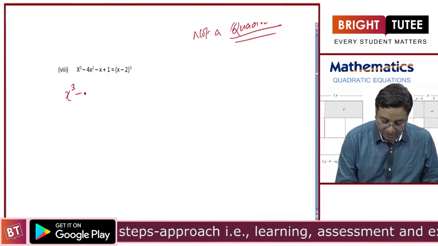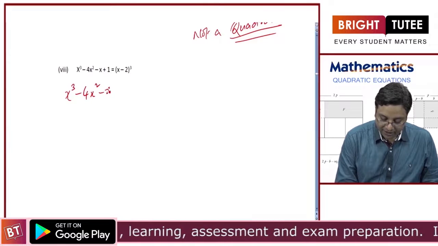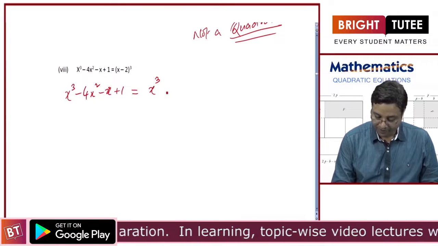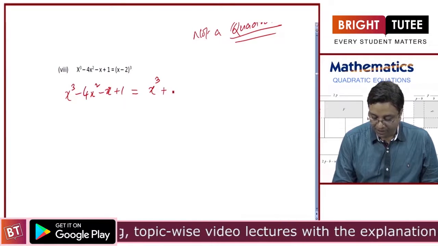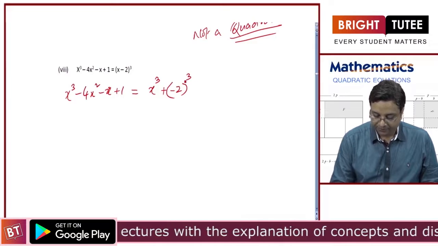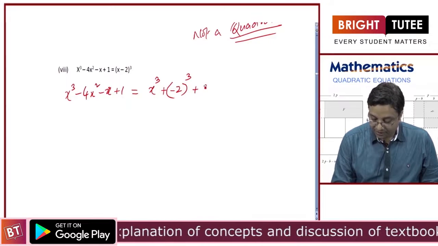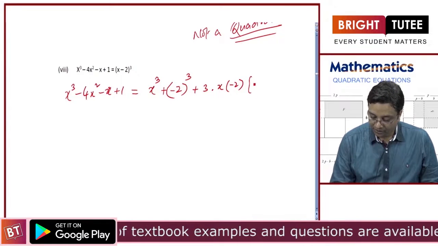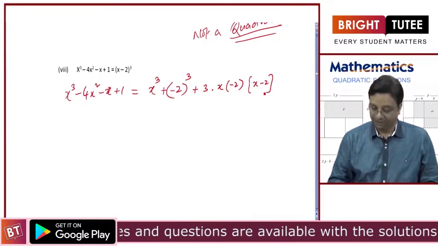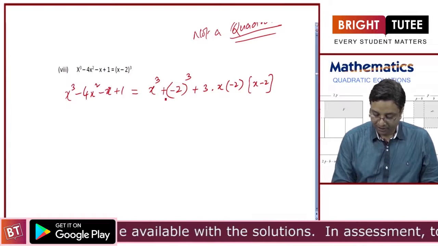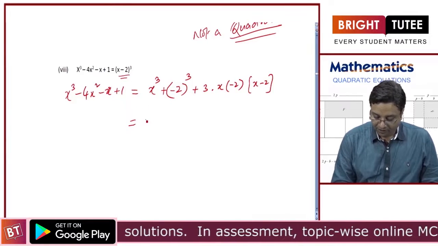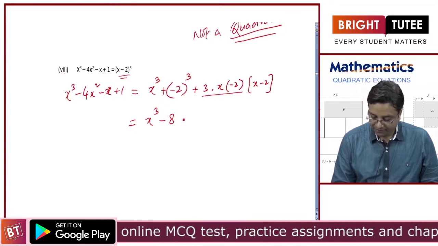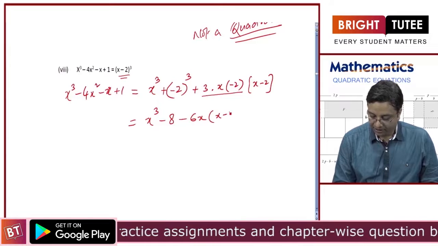x cubed minus 4x squared minus x plus 1 equal to a cubed plus b cubed, or you can say minus b cubed like this, right, plus 3ab, or you can write it like this, into a minus b equal. This is the solution of the right hand side. So when I solve it, x cubed minus 8, this is minus 6x, x minus 2.